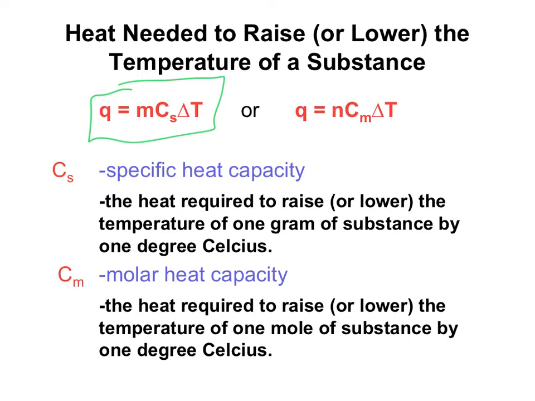So if you're using specific heat capacity and you're talking about the heat needed to raise 1 gram of a substance, then you're going to use M for mass in grams, and then this would be per gram, specific heat per gram. If you have moles of substance instead, you can use M, that's the symbol for mole or molar, and then this would be times the number of moles. That's the difference between the two.